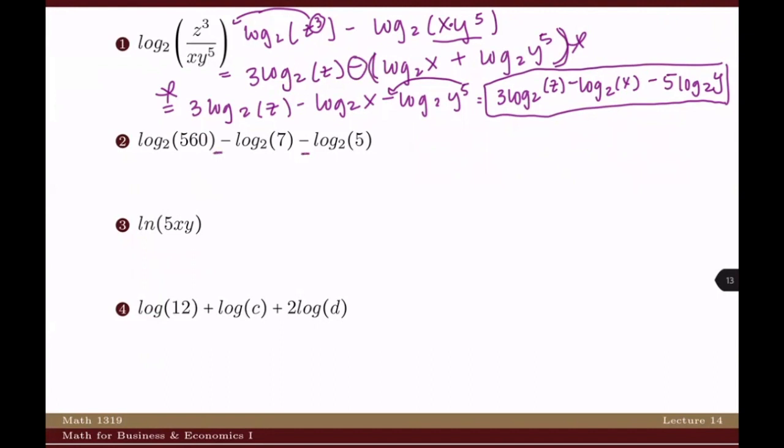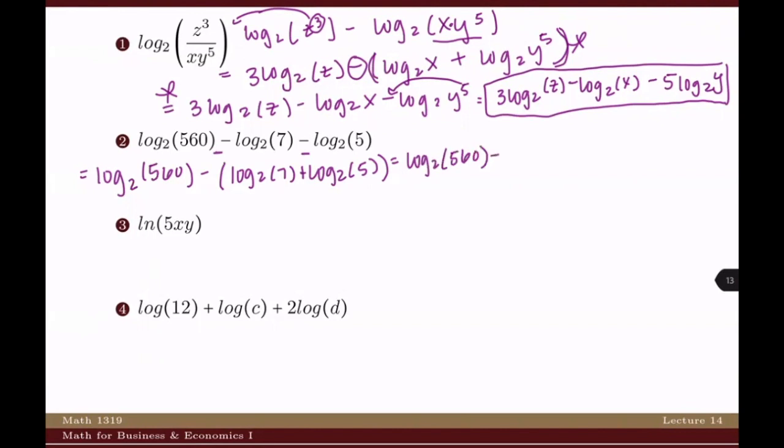So I'm going to say this is the same thing as log base 2 of 560 minus parentheses log base 2 of 7 plus log base 2 of 5, which is equal to log base 2 of 560 minus log base 2 of, what do you think?